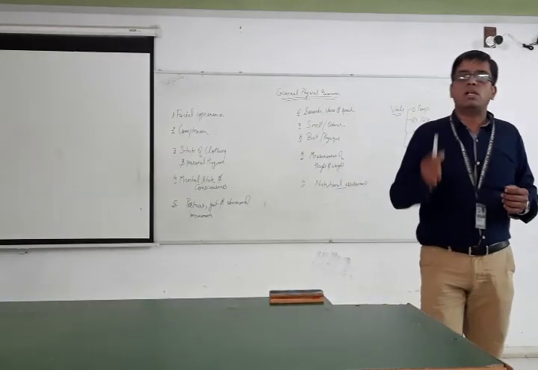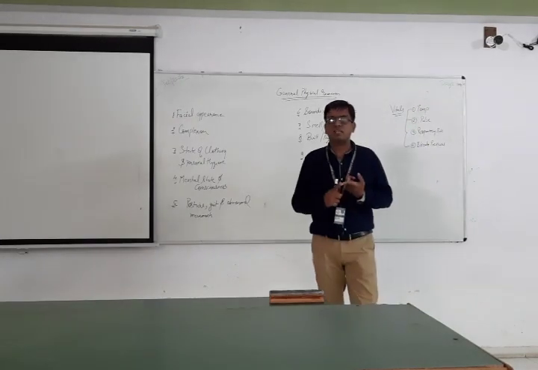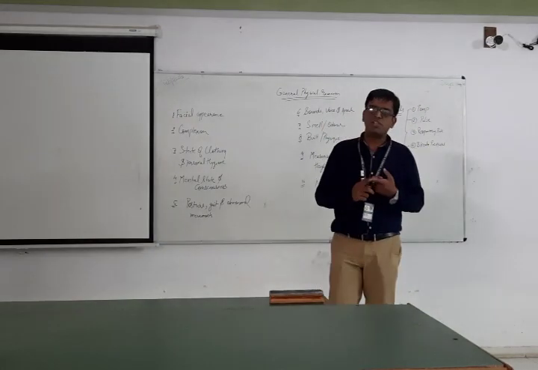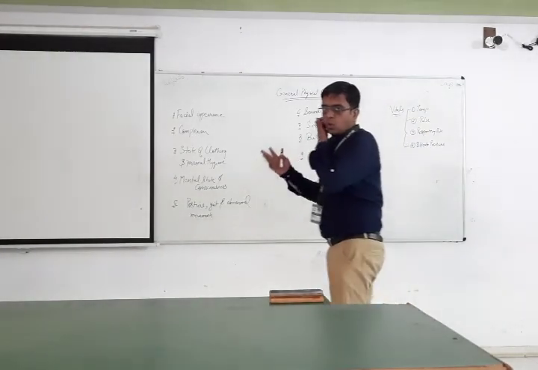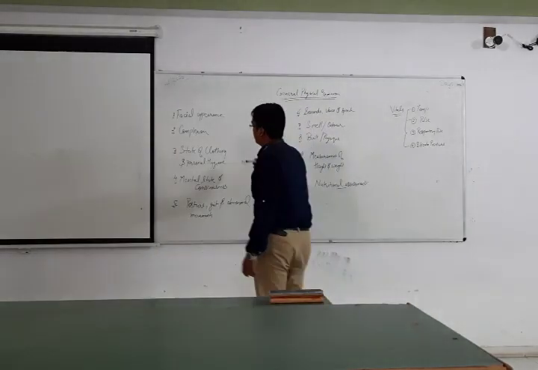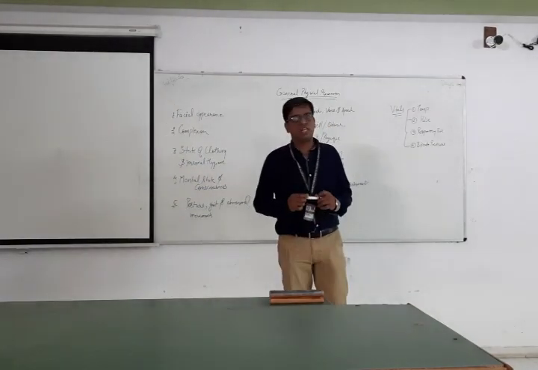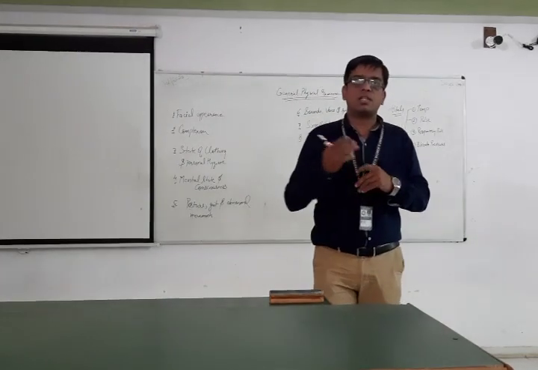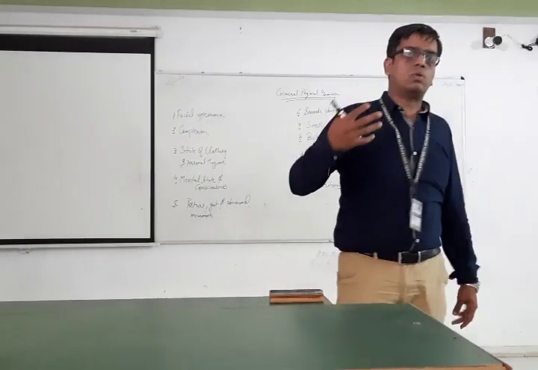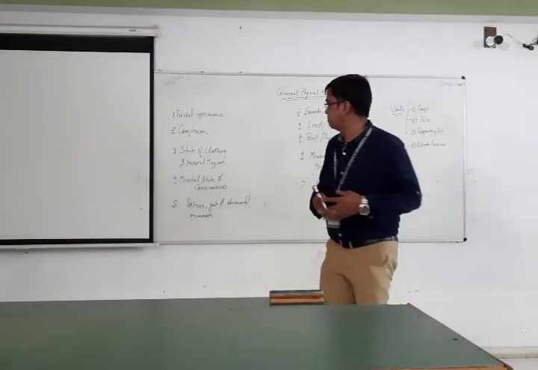The complexion, two types of complexion that I have discussed, the bright complexion and the dark complexion, from which you have to check for the patient. The state of clothing, different types of clothing that a patient is wearing, and his personal hygiene have to be checked. You can either see these conditions of the patient, or you can also inquire from the attendant of the patient regarding these things.